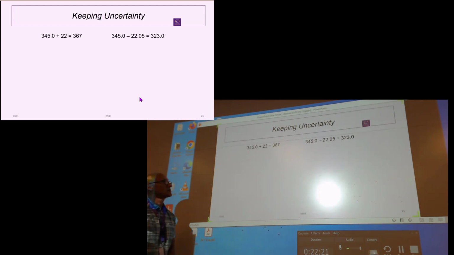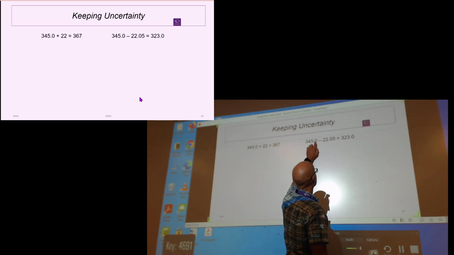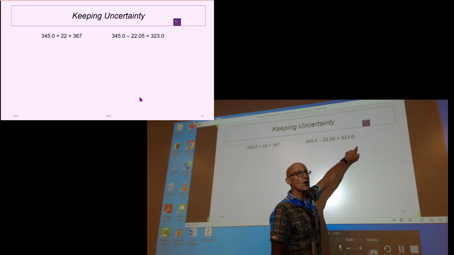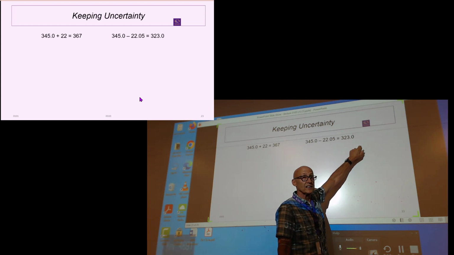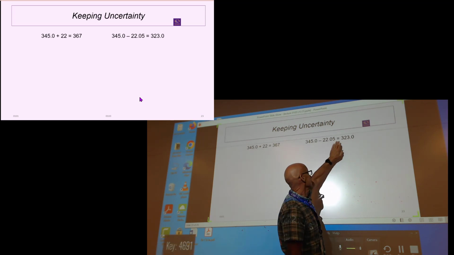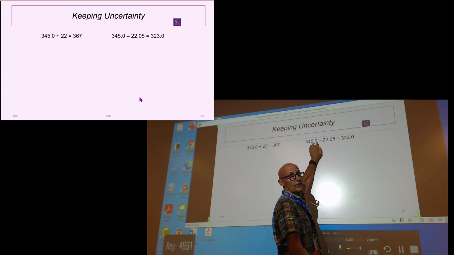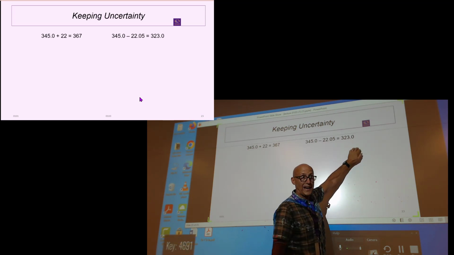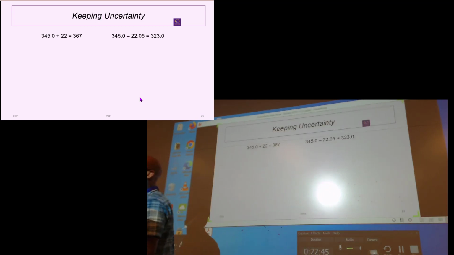So that's pretty simple. Now like this. Here's a good example. I subtract that, I get this. Again, to the tenths, to the hundredths, my answer has to show tenths, even though I don't need it. It comes out as 0. I still write it to show that this tool was that good. And it was the worst tool of the two. So my answer is still that good. That's pretty simple, right?